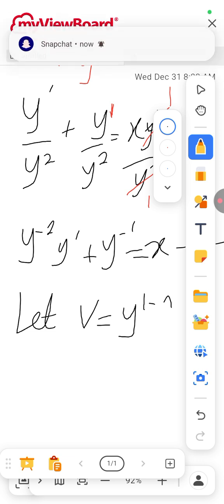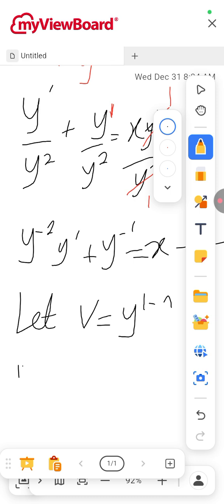That's the next step. Remember, our n is 2 in this case, so I'm just using 1 minus n to tell you that in case n is not 2, it could be 3, it could be 4, use the same step. So in this case, I'm letting v be equal to y raised power 1 minus 2. You know our n is 2, so that is 1 minus 2, which is minus 1.